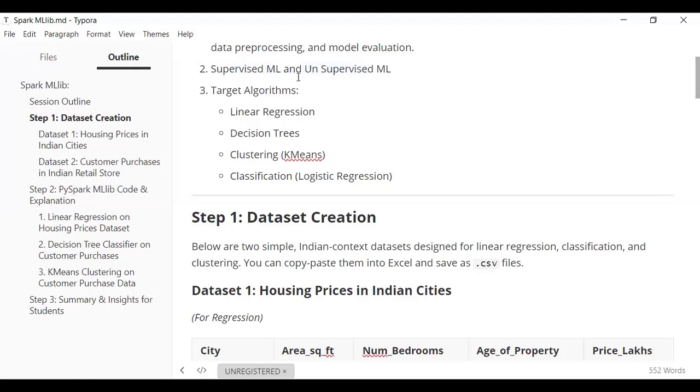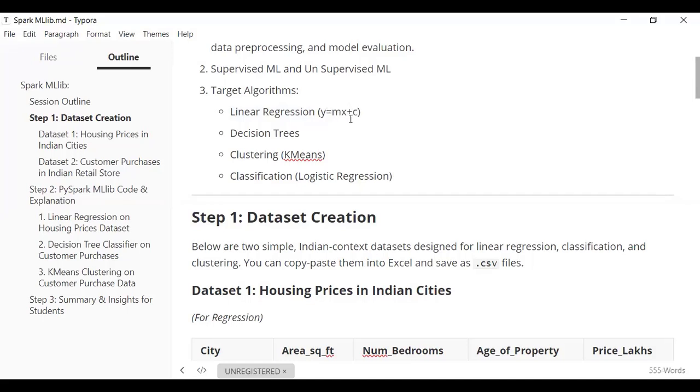Okay. Now let's focus on supervised machine learning, for example linear regression. So what is linear regression? First of all, we have to understand regression. Regression follows a concept like y equals mx plus c.